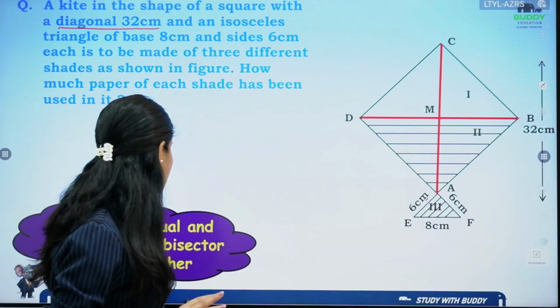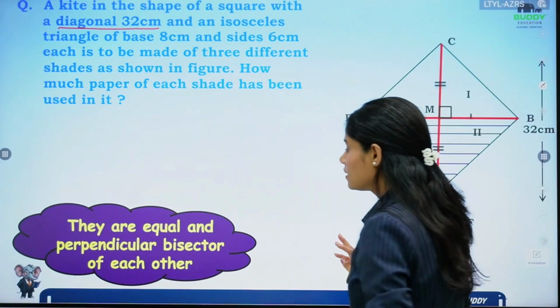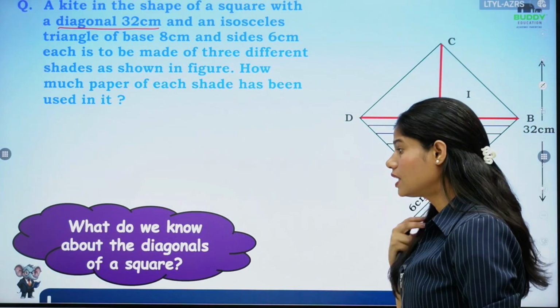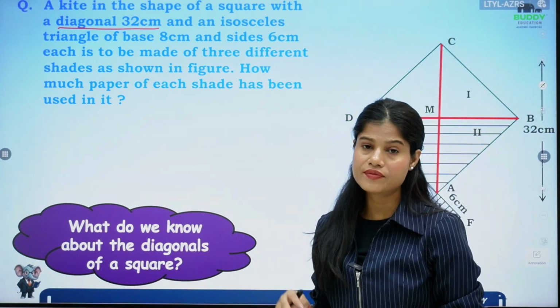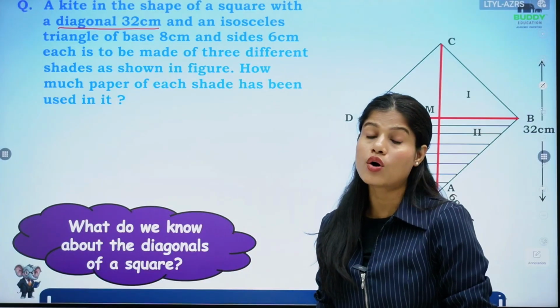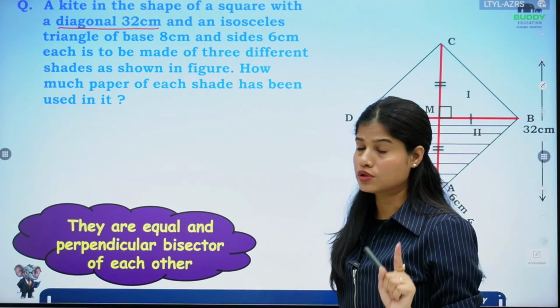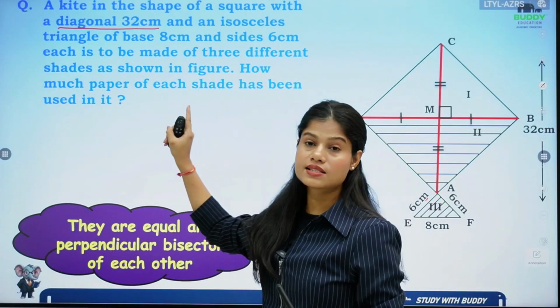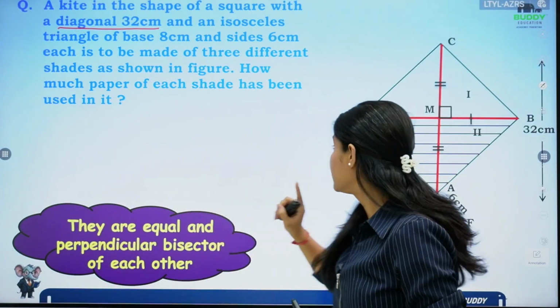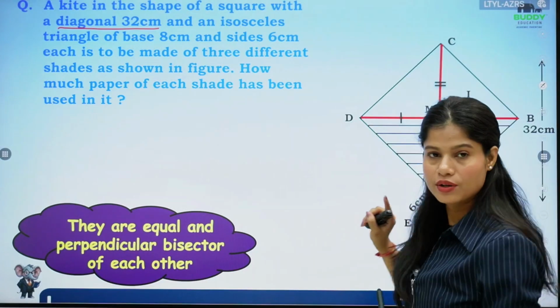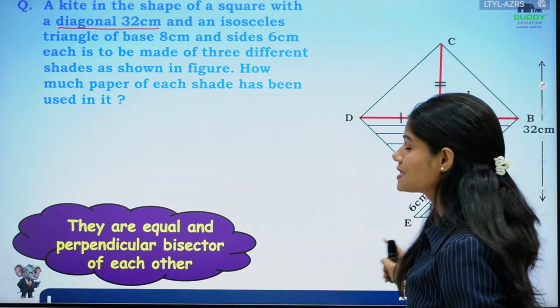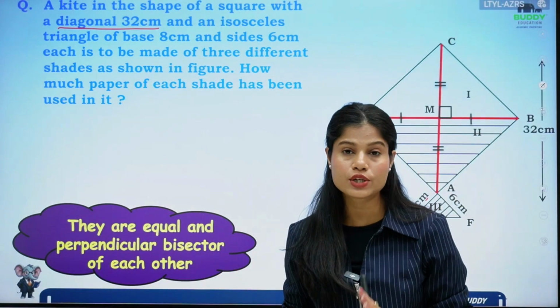For this, we have to recall the properties of the diagonals of a square. We know that they are equal first of all. So if one diagonal is given as 32 centimeter, namely suppose BD, then of course AC will also be equal to 32 centimeter.